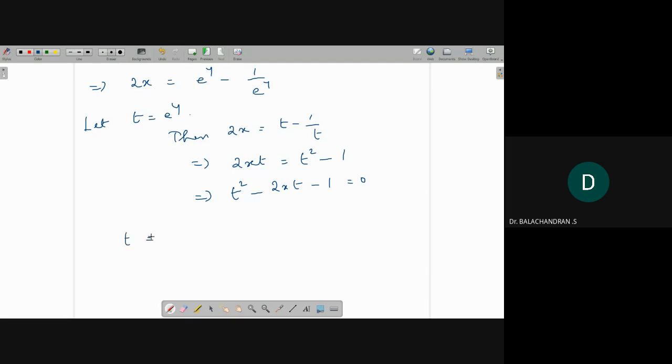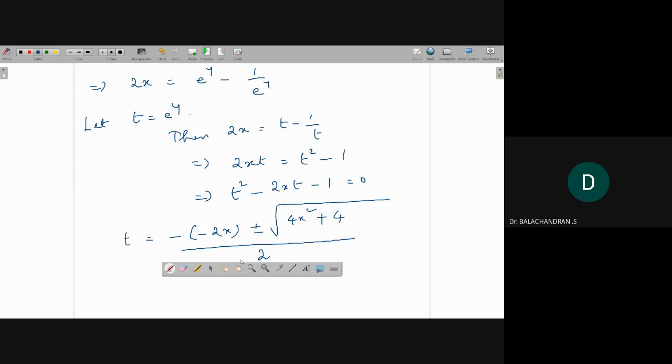So t equal to minus b, b is minus 2x, plus or minus root of b squared. Here b is minus 2x, so b squared is 4x squared, minus 4ac, where a is 1 and c is minus 1, so plus 4, divided by 2.